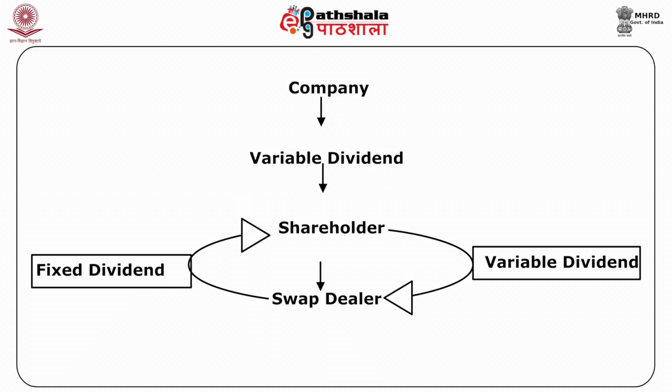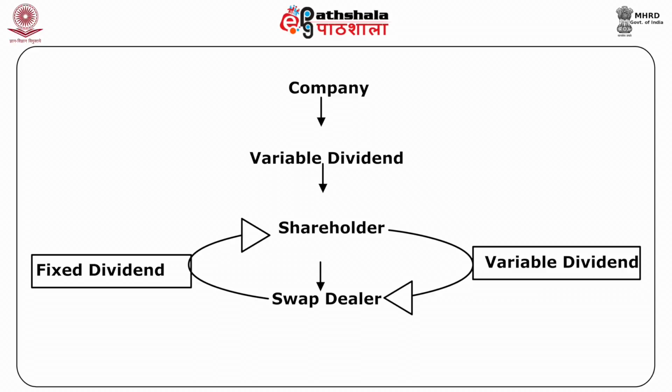Basically, it involves the exchange of dividend. Normally, the swap dealer pays a fixed rate of dividend to the shareholder. Equity swap is basically categorized into two parts: naked equity swap and covered equity swap.